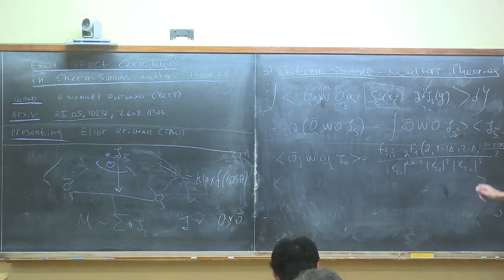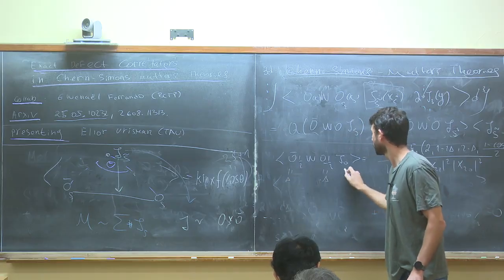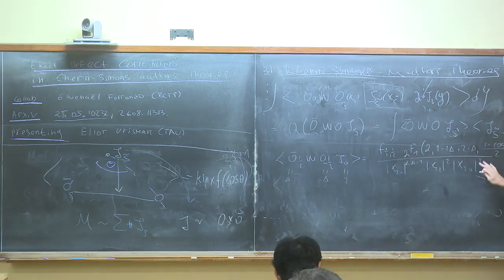So you get hypergeometric, with dimension delta, dimension 2, and this is what you find. So you really find the explicit function here.